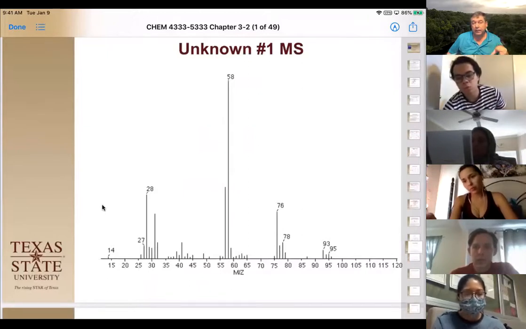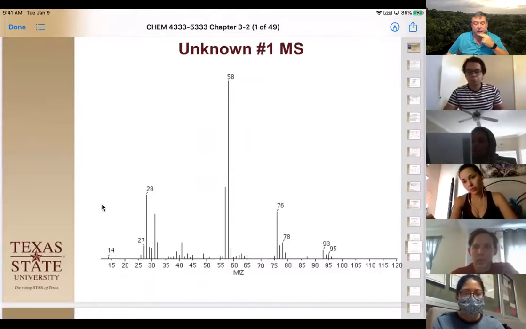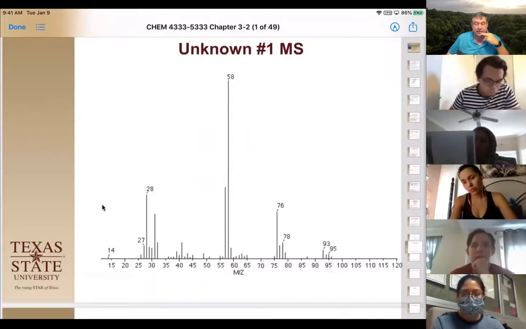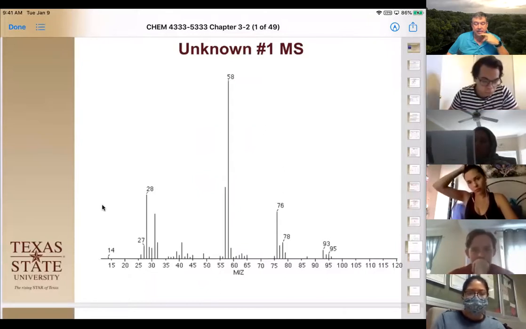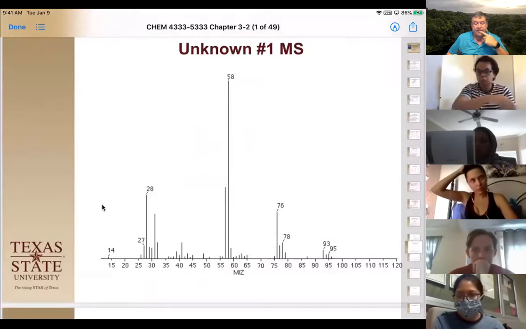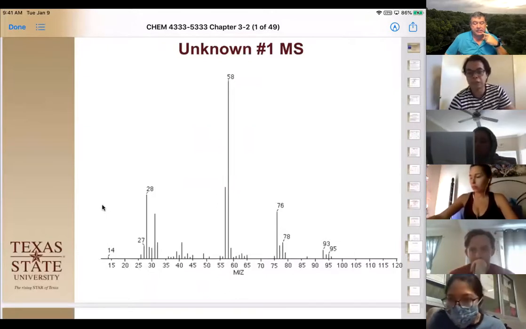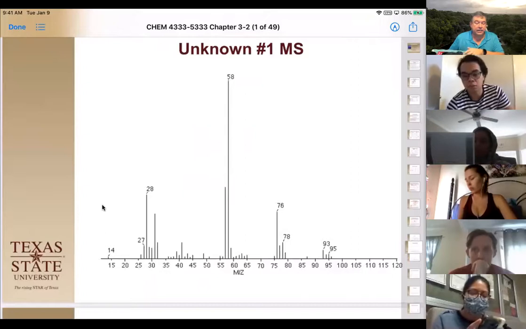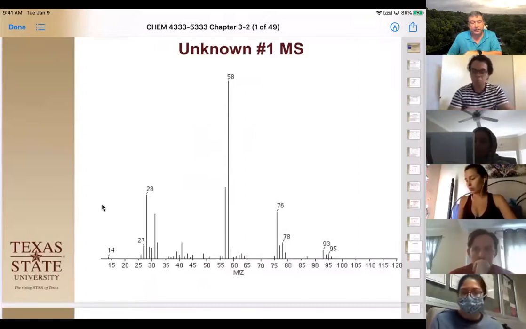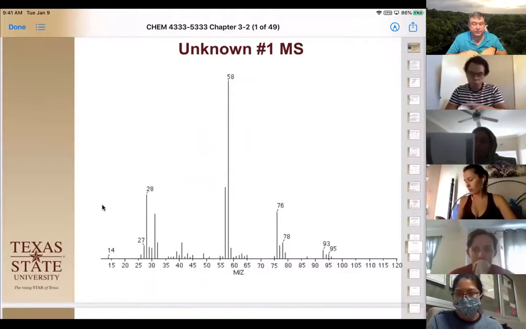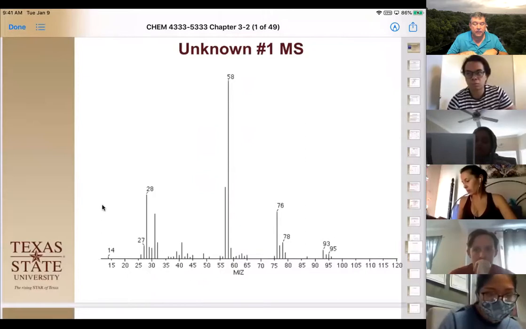So it could be a nitrogen, or it could be just the loss of a hydrogen. But we still have a weird parent ion peak. If we look at the loss between 76 and 93, what is it? 17, or no, 18? So that's like OH or something. And we have another loss from 76 to 58, and that's 18.